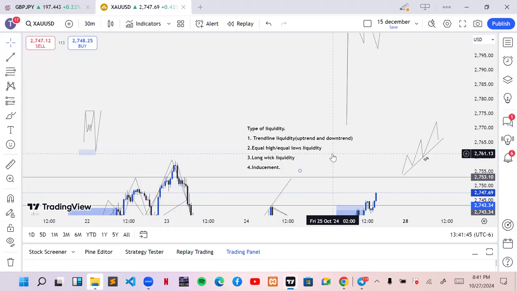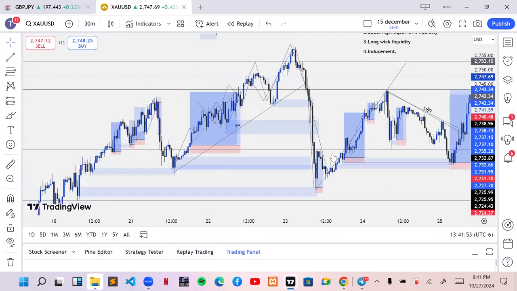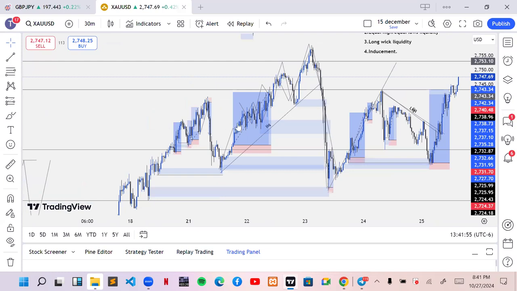Also, another place to take profits is using a valid point of interest. For example, let's say you take a buy, and there's an order block up here. Before you can consider using that order block as a take profit, you have to check if it fits the criteria of a proper point of interest.